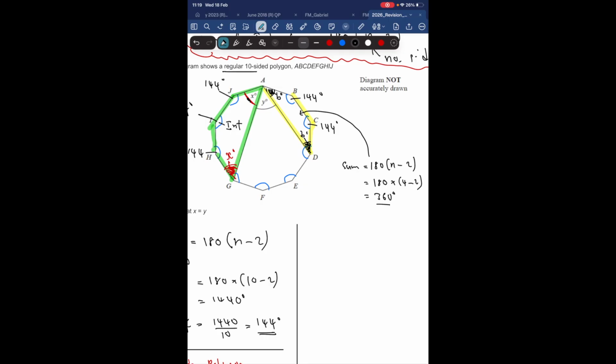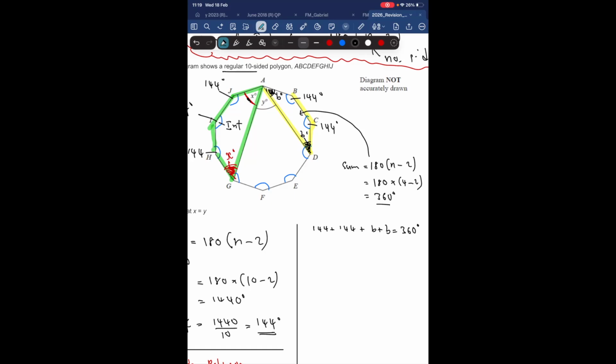So with this polygon that we have here on the right-hand side, we know that all of these interior angles have to add up to 360. We know that these two angles have to be the same because of symmetry. So we can make another equation. We can write 144 plus 144 plus 2b must equal 360.